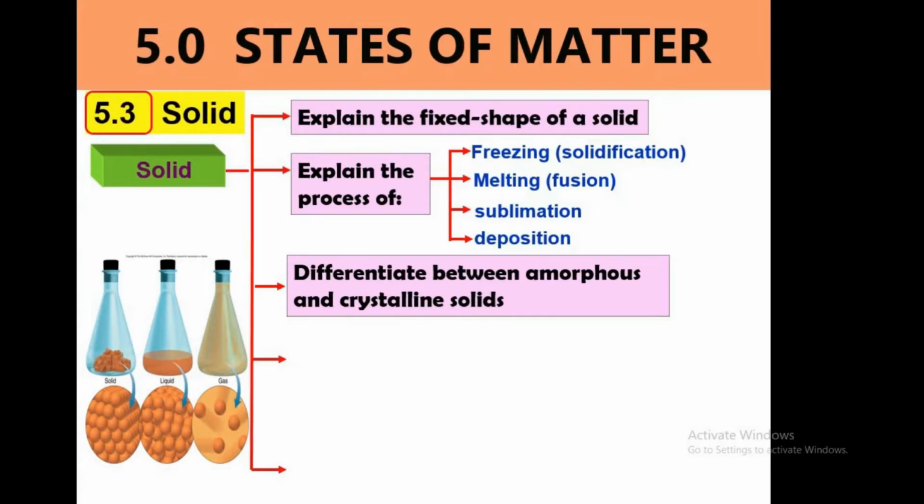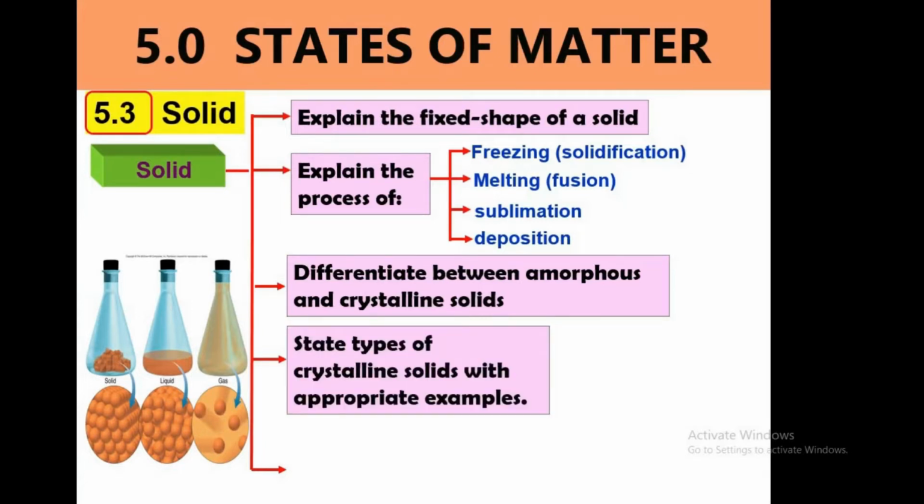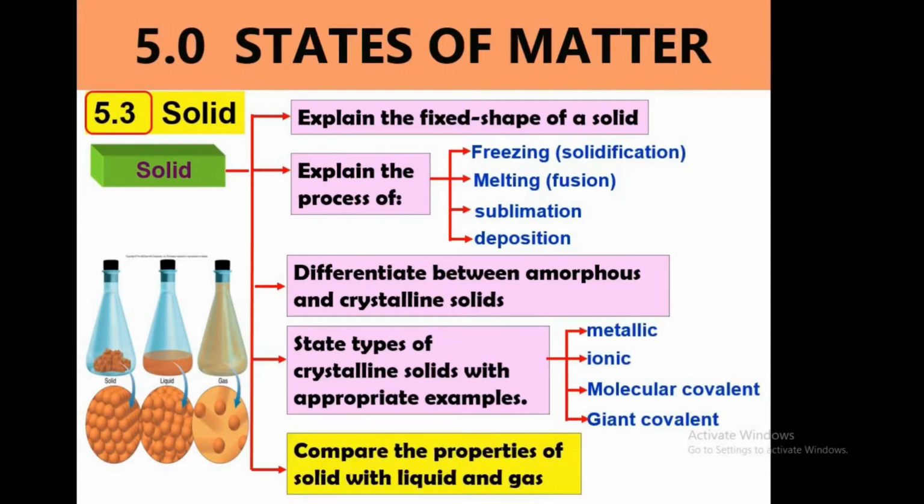Next, state the type of crystalline solids with appropriate example, which is metallic, ionic, molecular covalent, and giant covalent. Lastly, you should be able to compare the properties of solid with liquid and gas.